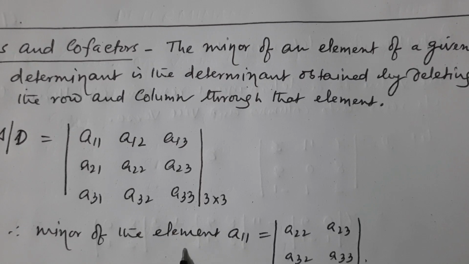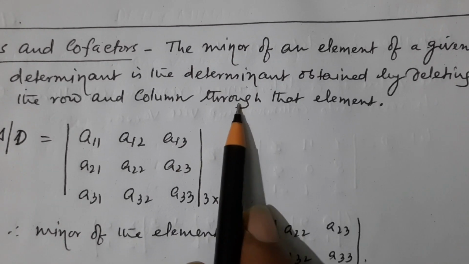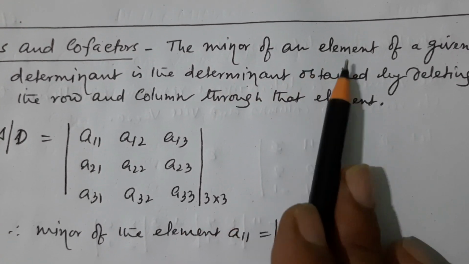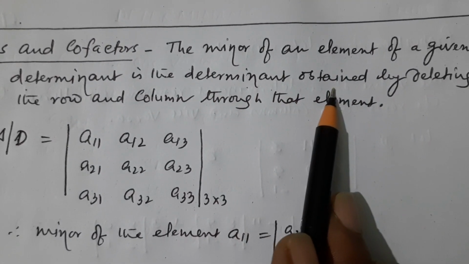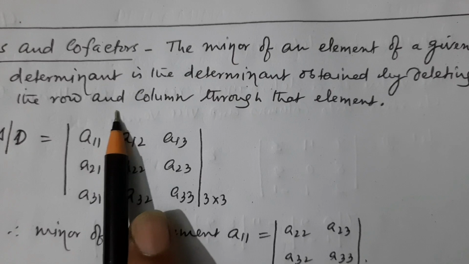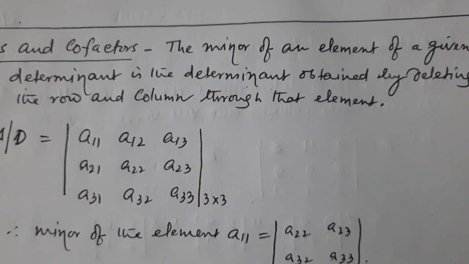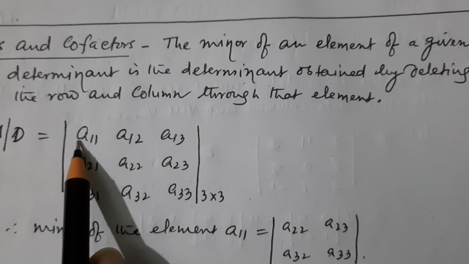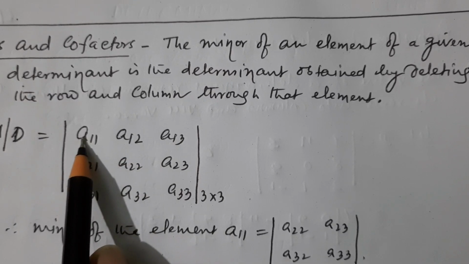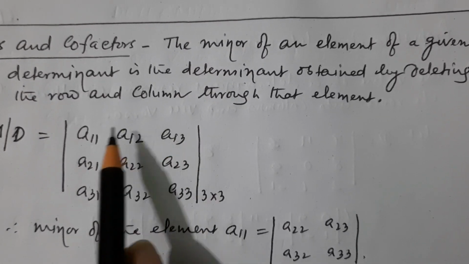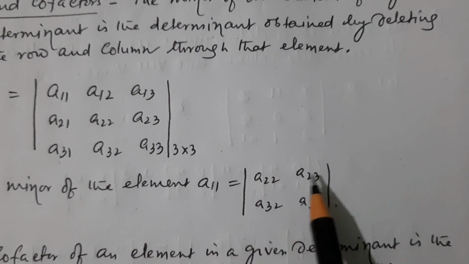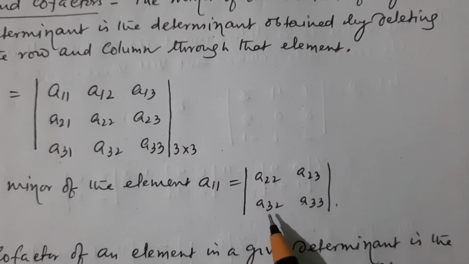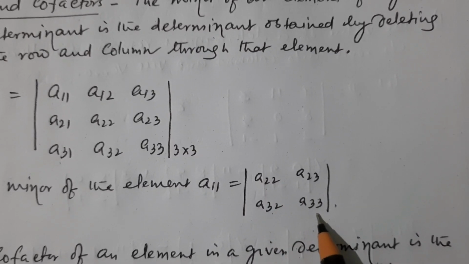So the minor of the element a11, as per the rule, is the determinant obtained by deleting the row and column through the element. So for a11, if we delete the row and column through this element, we get the determinant a22, a23, a32, a33.